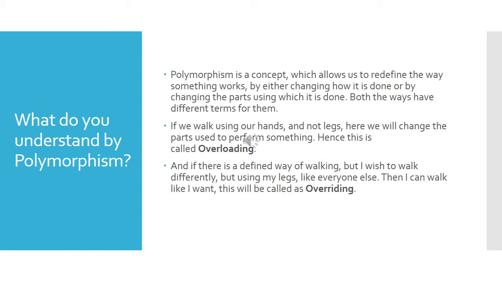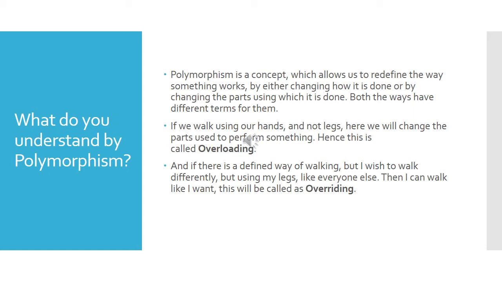Not only for operators, it can also be used for functions: functions with similar names, but the functionality might be different. For example, your hands are not made for walking, but if you use your hands to walk, it's called polymorphism. That's an example of overloading.